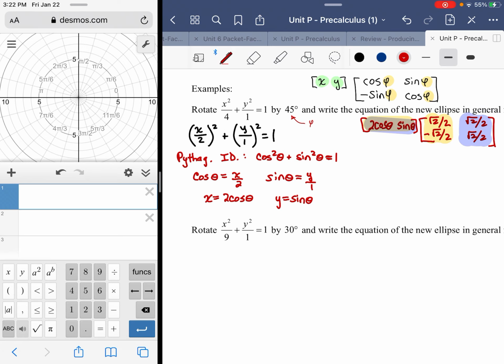And I'll have to figure out the whole Desmos thing, because it would be nice to be able to check that. All right. Anyway, so 2 cosine of theta multiplied by radical 2 over 2 is going to be radical 2 cosine of theta, because the 2's will cancel, plus a negative, so minus radical 2 over 2 sine of theta.